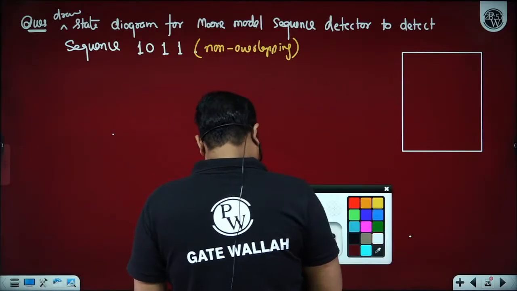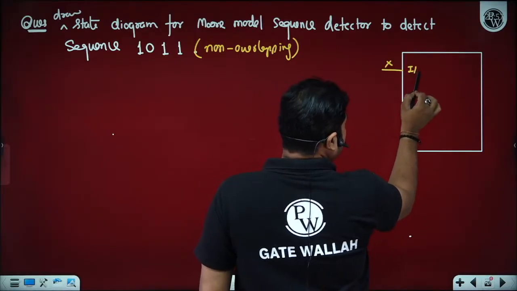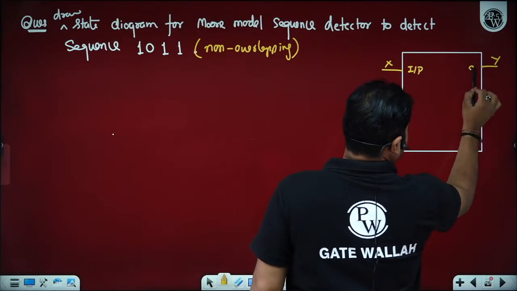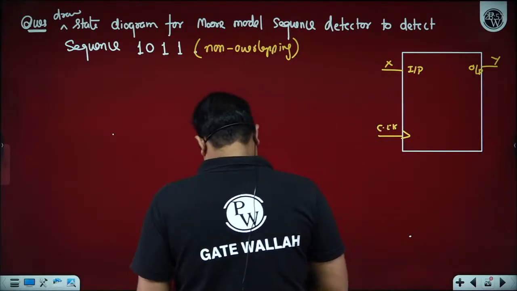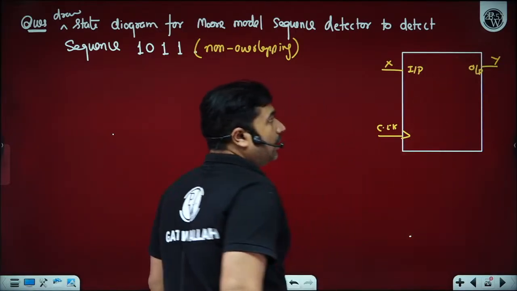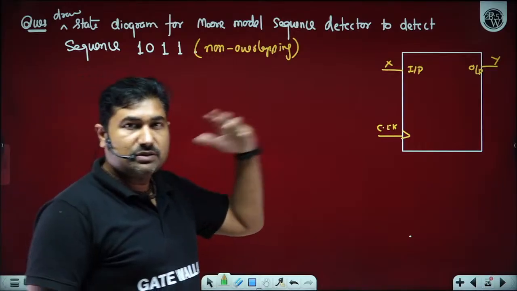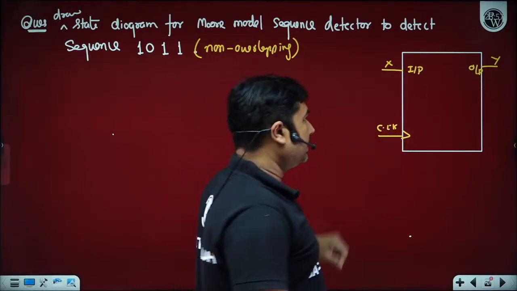We want to design a sequence detector. In the sequence detector, we have an input here and the output Y is available here. Onto the clock pulses, we have to observe the sequence of the input X obtained. Accordingly, your output Y indicates whether the sequence got detected or not. Output Y will become logic 1 only when the sequence got detected.